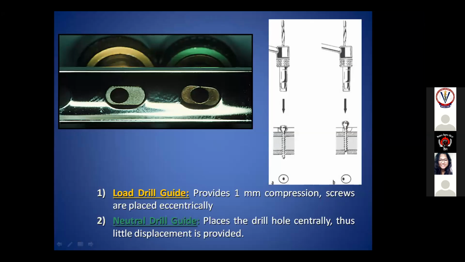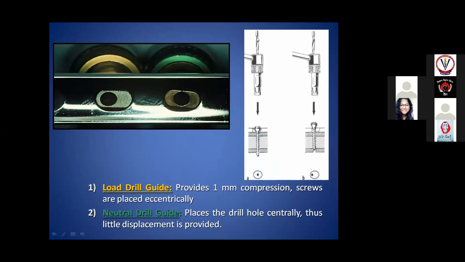Drill guide means an instrument used to help in drilling the hole in a plate hole. So drill guide or drill sleeve, either way you can call it. In this drill sleeve, you get two color coded ends. One is green or neutral, the other one is yellow or loaded guide.